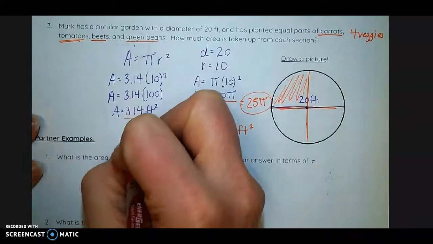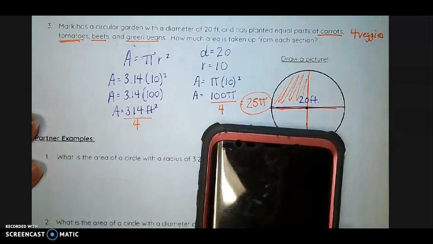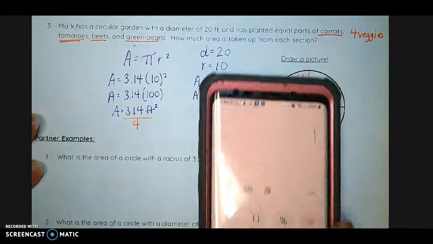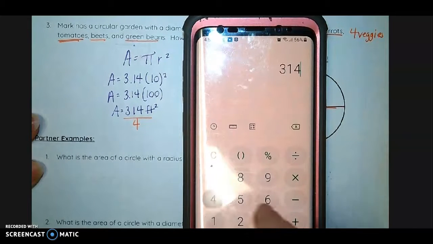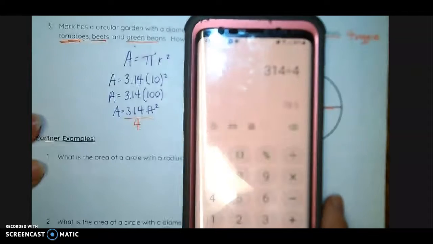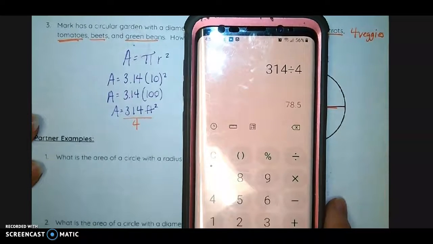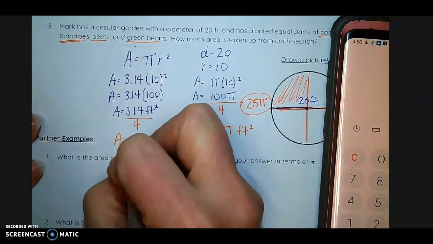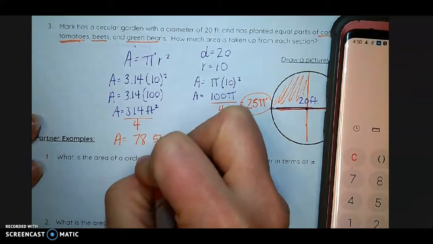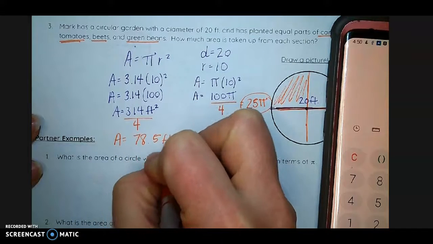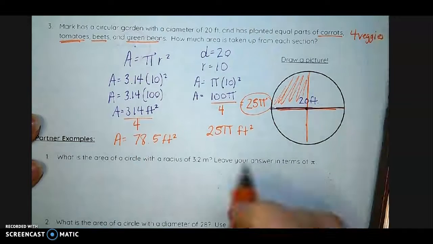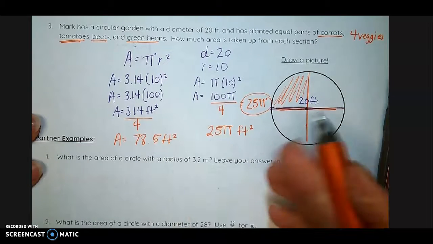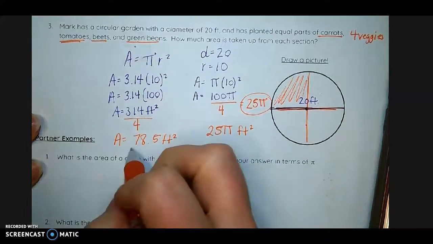Now, if I want to have an actual number, which typically we want an actual number, you'll see that exactness used when you're in the middle of equations and stuff in higher levels of math. If I divide 314 by 4, I get 78.5. So the area of one small section is 78.5 feet squared. And you think 25 times 3 is about 75, and then that 1.4. So you could put your answer in terms of this or in terms of this.